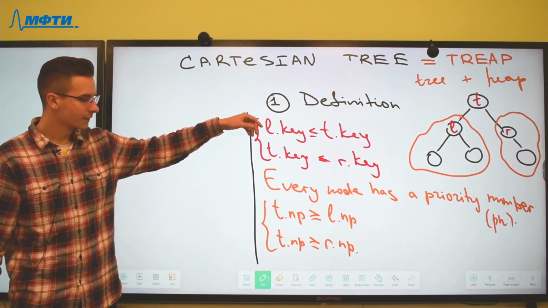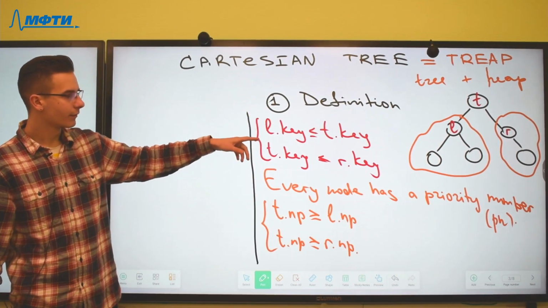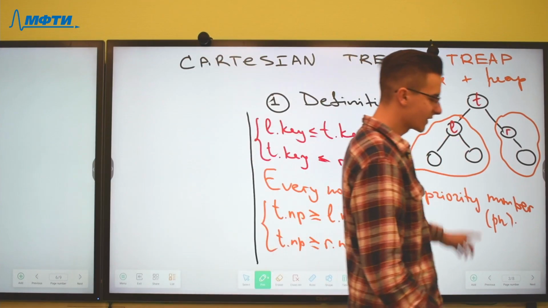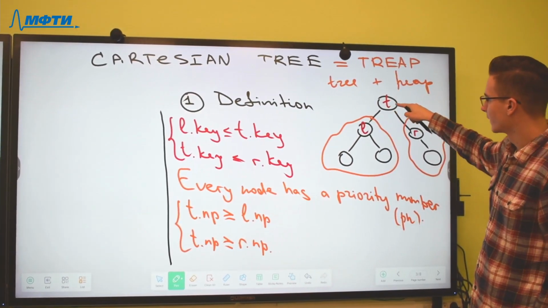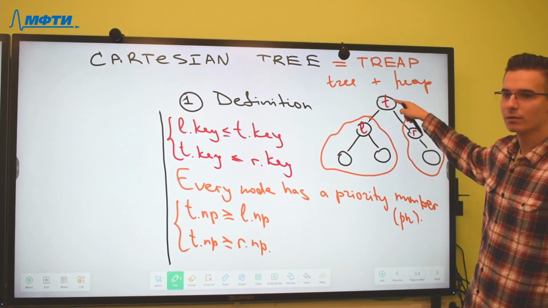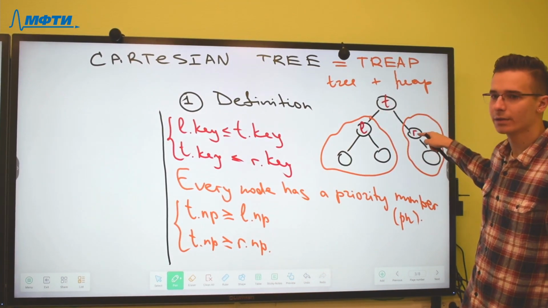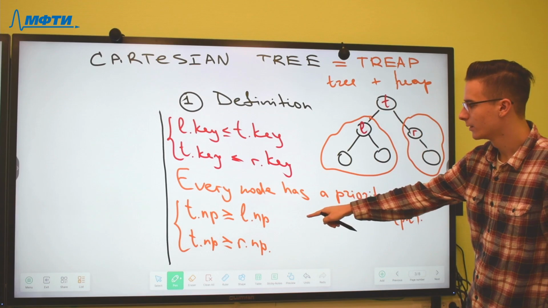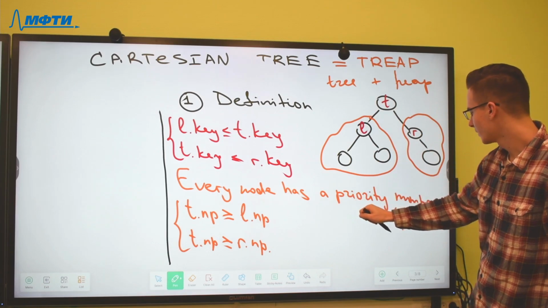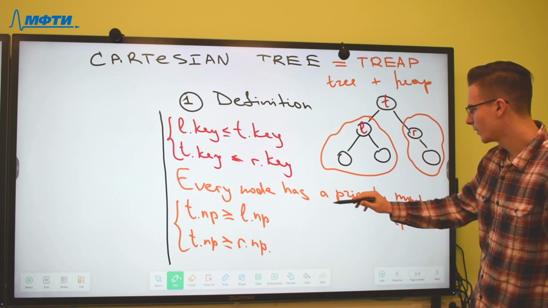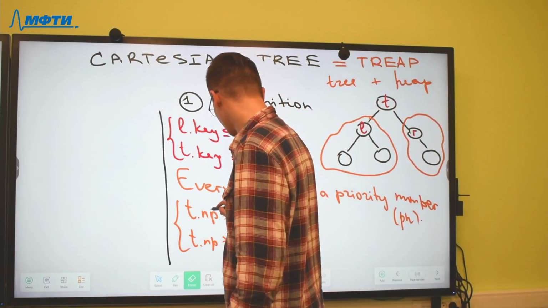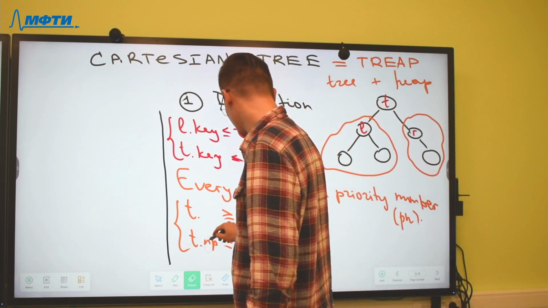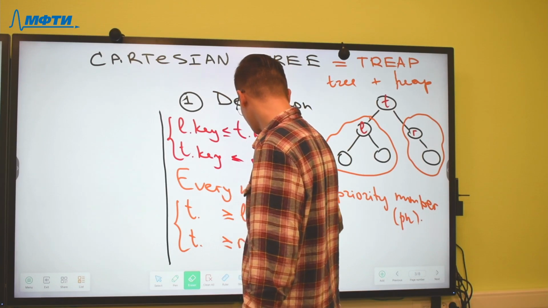So for all nodes in this tree, we say that the key is bigger than the left key and less than the right key, and the priority number is bigger than the priority numbers of its children.